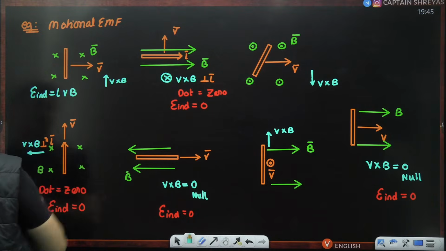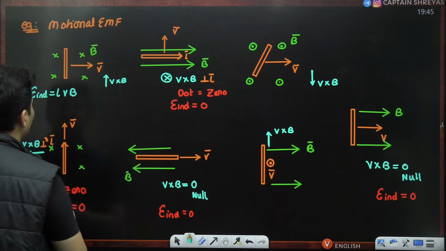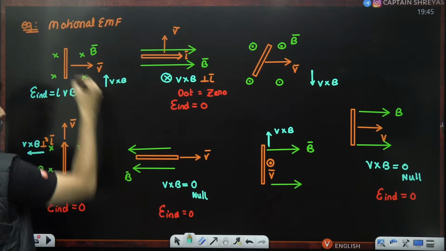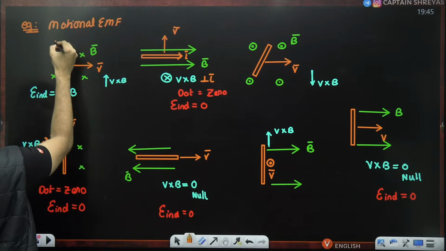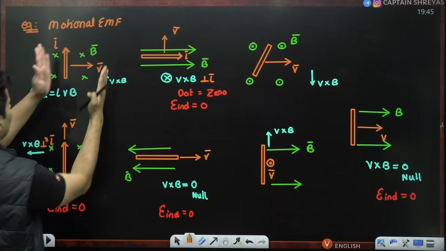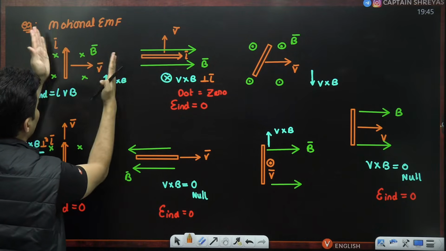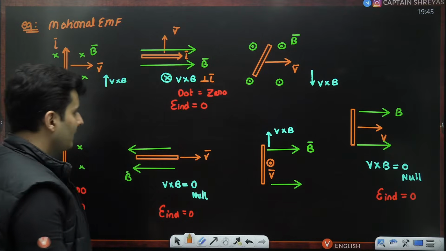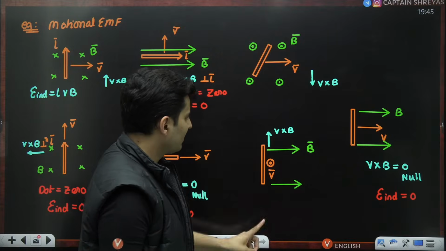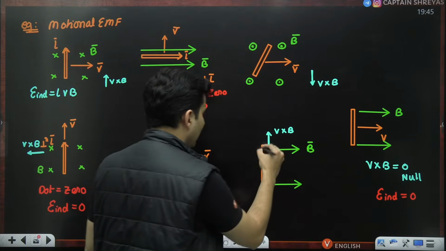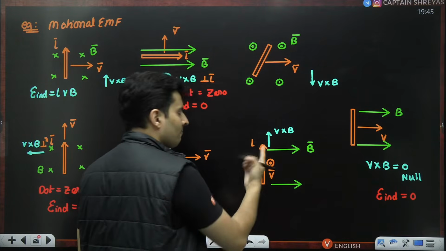That's it. L into V into B, because the angle between the length vector and V cross B is 0. Cos 0 is 1. Yes, that's the answer. Here, V cross B was like this. Length vector again in this direction. Perfect.